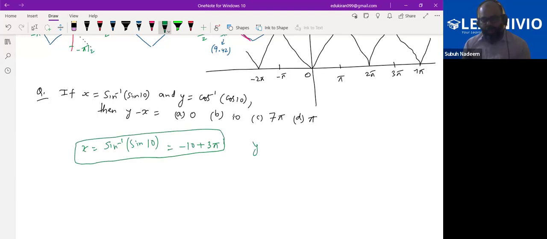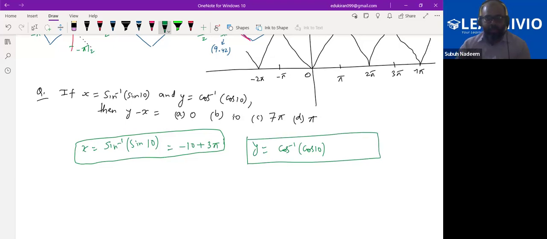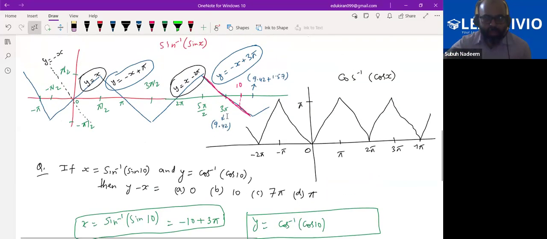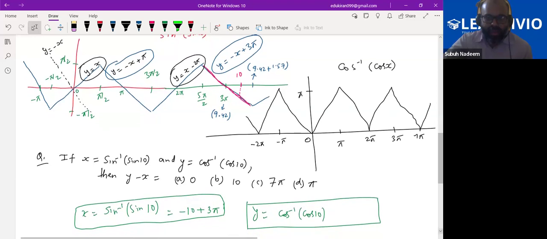Next is y. Y is equal to cos inverse cos 10. Now similarly, you have to focus on the graph of cos inverse cos x. Just as we found it till here, now try in this one how we get cos inverse cos 10.